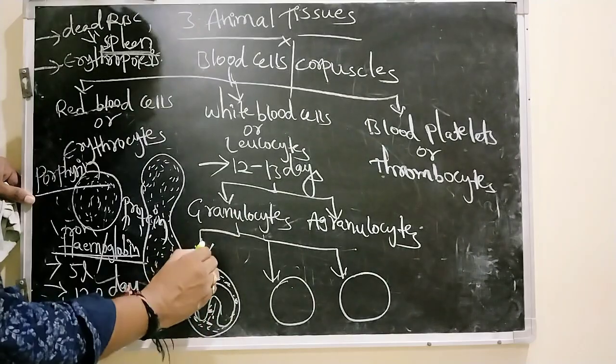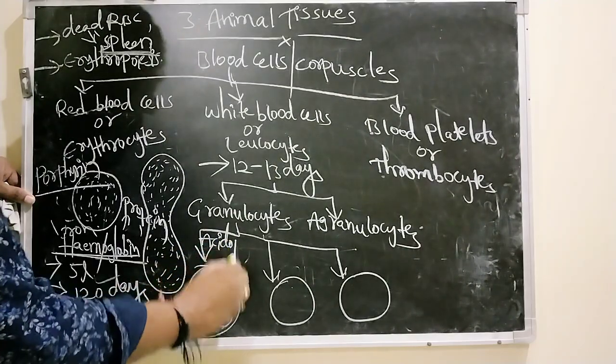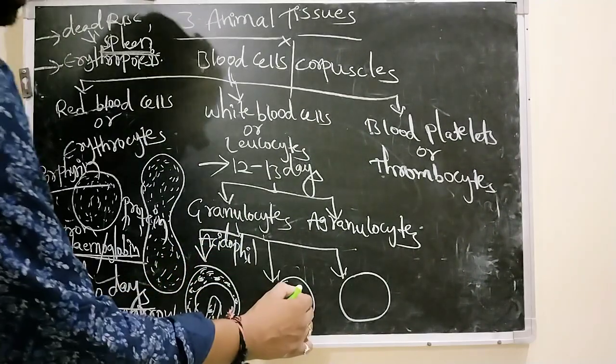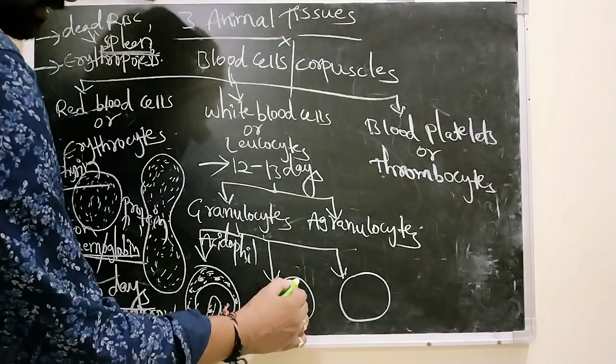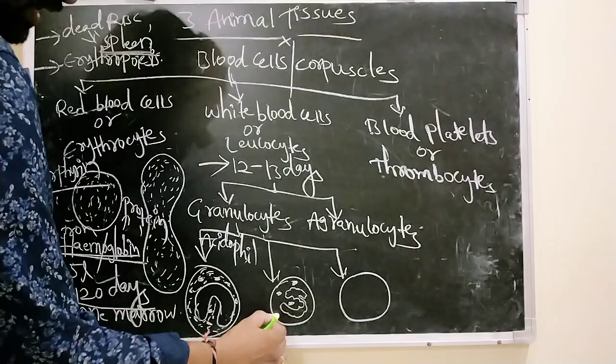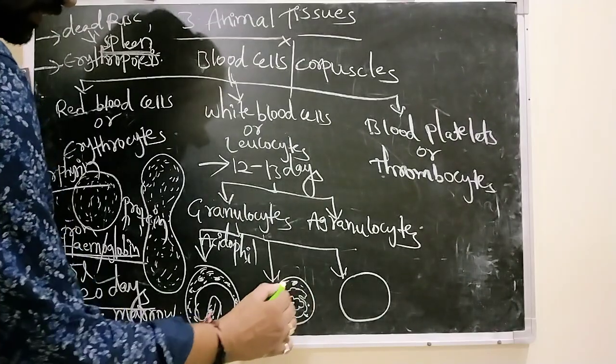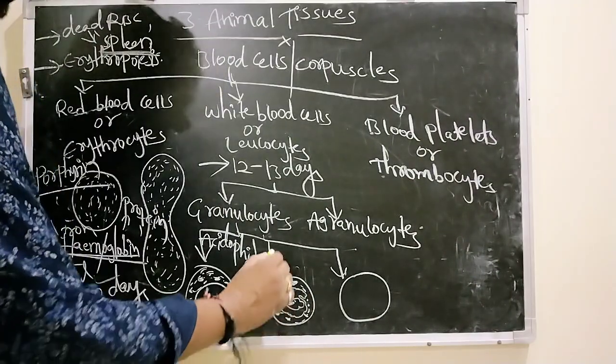It is the acidophil. And an S-shaped nucleus is present, and it contains granules and cytoplasm. It is the basophil.